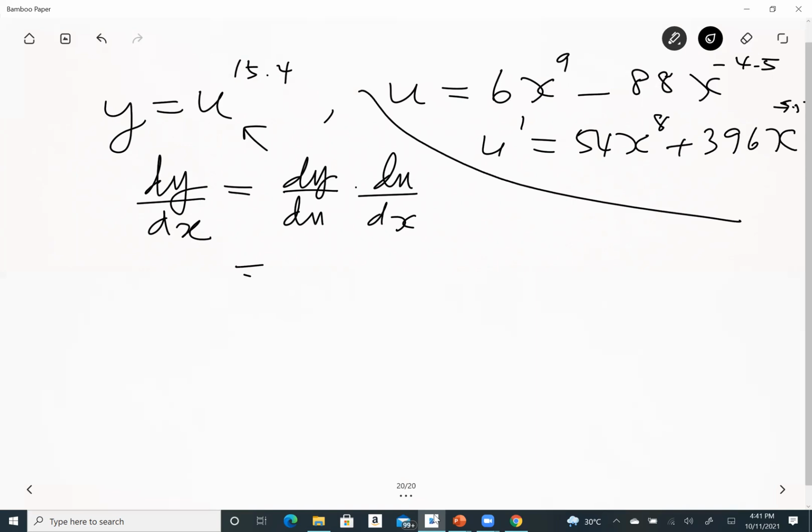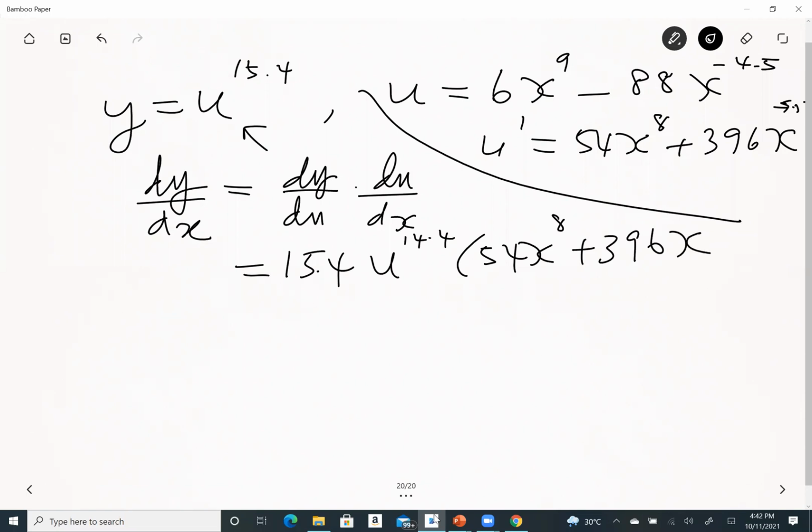So the u can be written like that because we already wrote it. So put into the thing dy du. What is it? So 15.4 u. Reduce the power by 1. So 14.4. That's not the end of the story. You have to multiply by u prime. So 54 x to the power of 8 plus 396 x to the power of, what power? Negative 5.5.